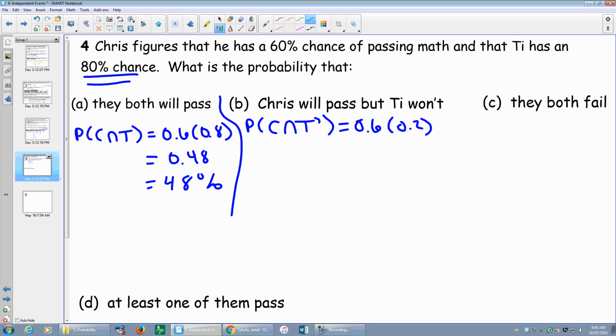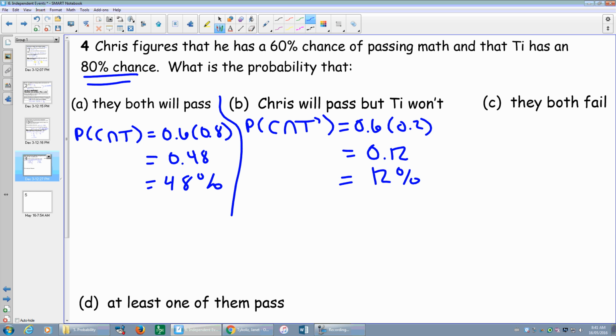There's an 80% chance that he'll pass, so there's a 20% chance that he's going to fail. So 100 minus 80 gives you 20%, 0.2. So that gives you 0.12, which is a 12% chance that Chris will pass, but Ty won't.